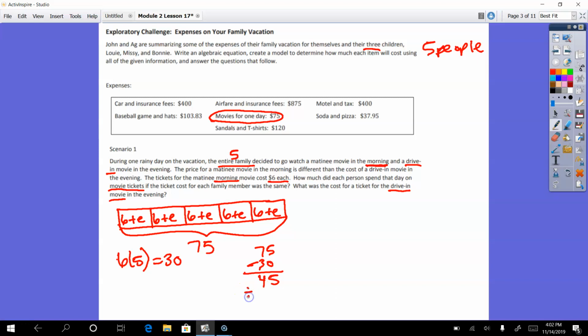And then there are 5 E's, so we're going to divide that by 5, which leaves me with 9. So the evening ticket cost $9. That answered one of my questions. Drive-in movie in the evening cost $9.